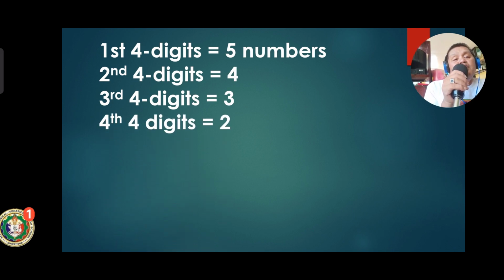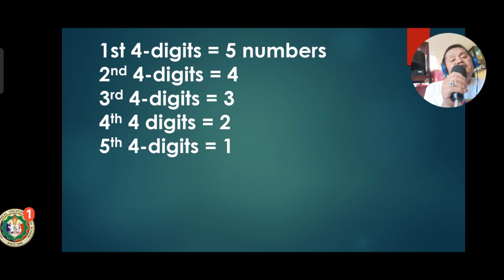And we have the fourth digit, equal to 2 ways. So for the last 4-digit number, we have 1 way.